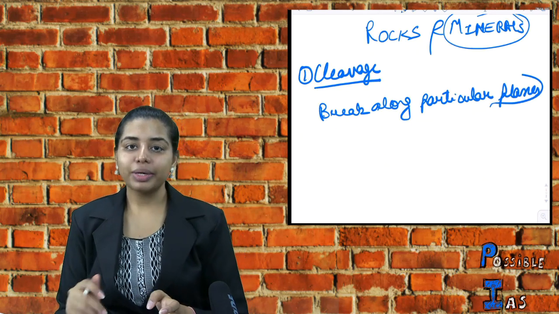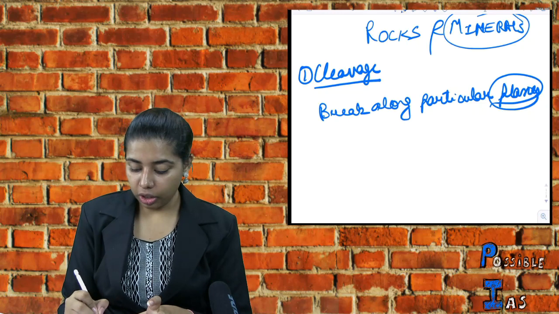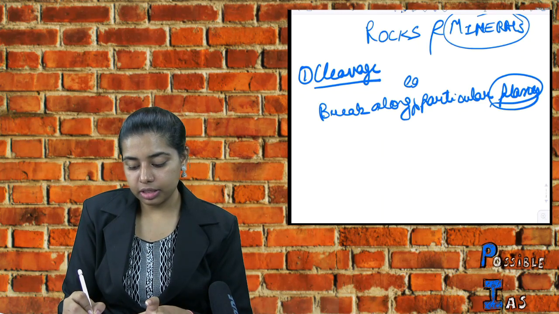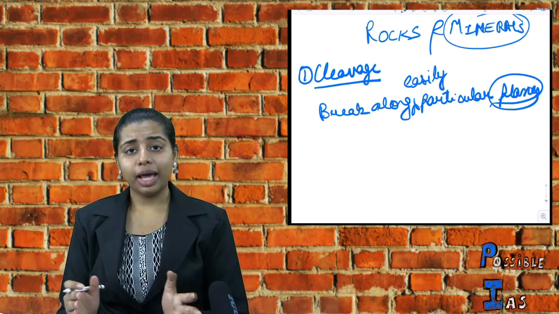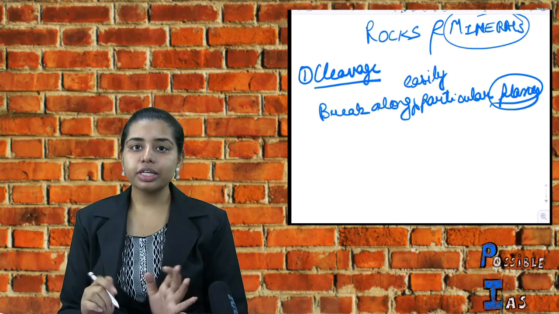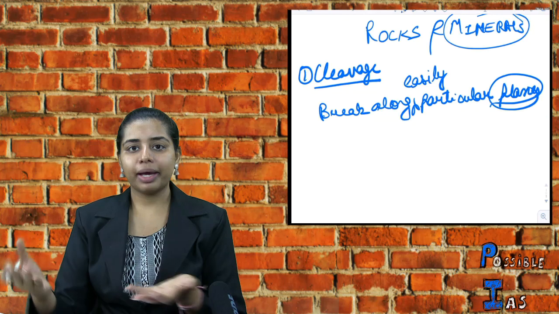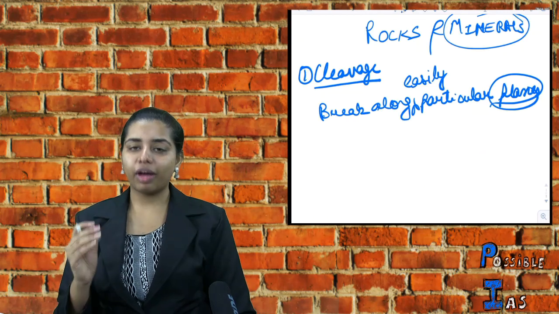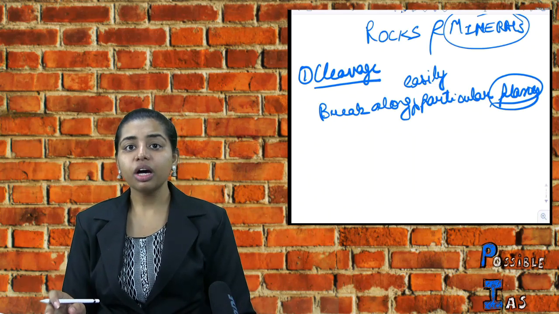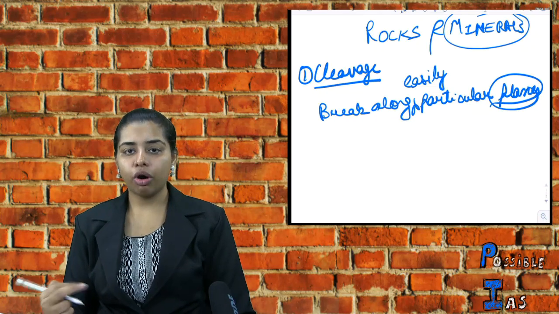So they split easily along particular planes. Like if you see mica, it has thin sheets. These thin sheets come off layer by layer. That means mica has a perfect cleavage: there is one plane in the surface of mica from where the mica sheets will break off easily.